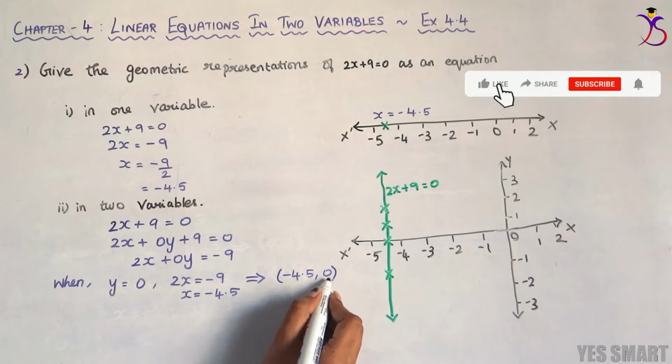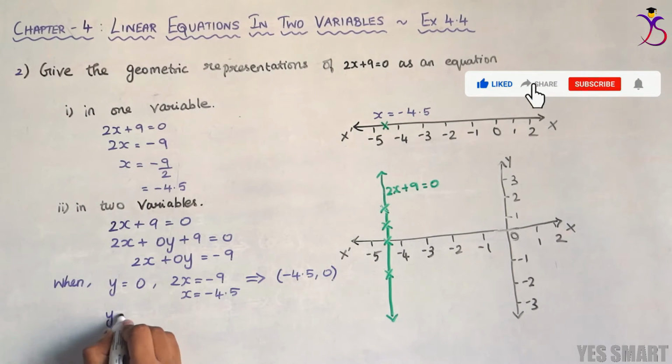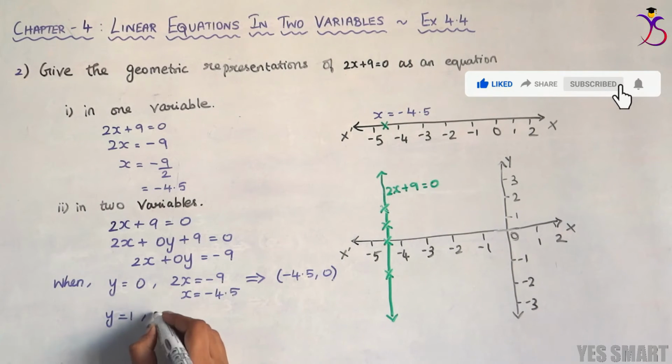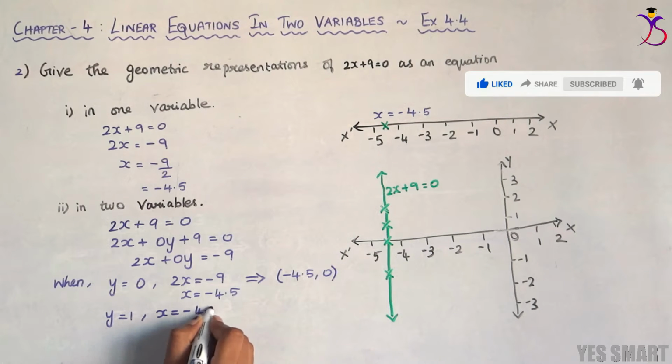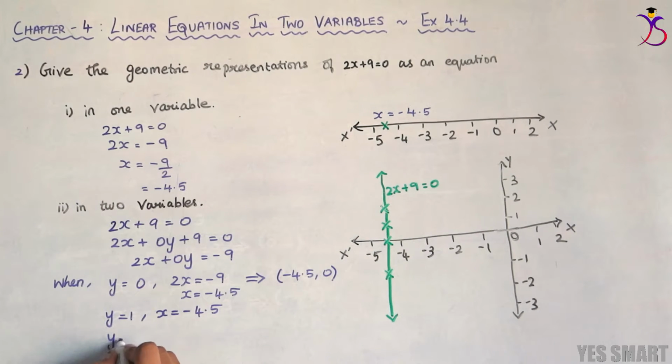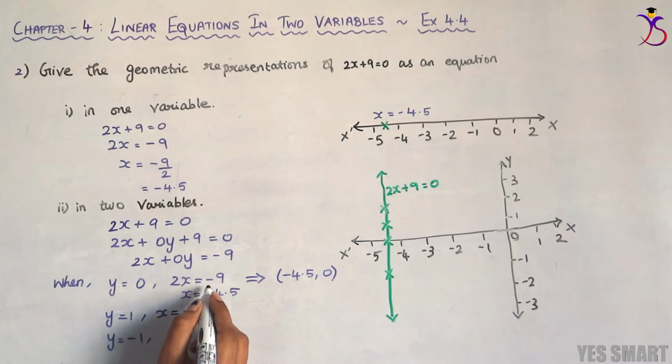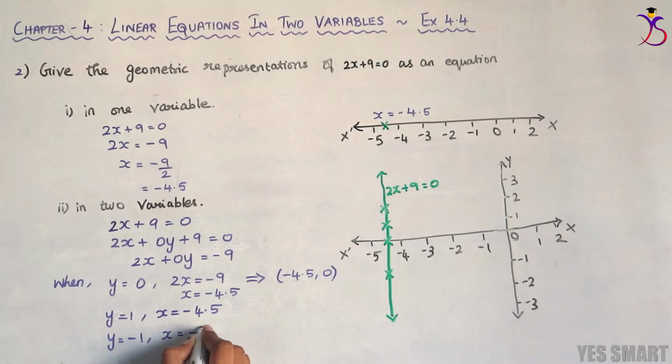Now when y equal to 1, 0 into 1 is 0, so we have 2x is equal to minus 9, the same. Therefore x will be minus 4.5. Similarly, when we try y equal to minus 1, we get the same, x is equal to minus 4.5. Even when we try y equal to 2, we get the same answer.